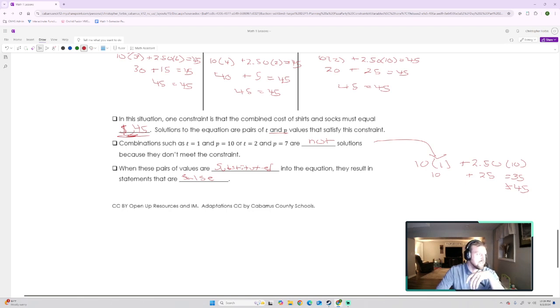Combinations such as T equals 1 and P equals 10, or T equals 2 and P equals 7 are not solutions because they don't meet the constraint. Meaning, if I plugged 1 in, and if I plugged 10 in, I get 35 and not 45. When these pairs of values are substituted into the equation, they result in statements that are false.